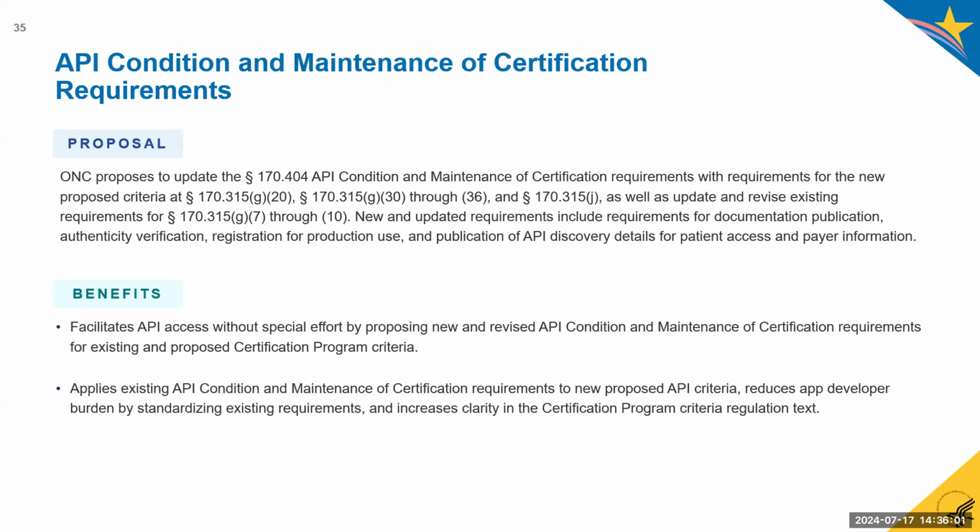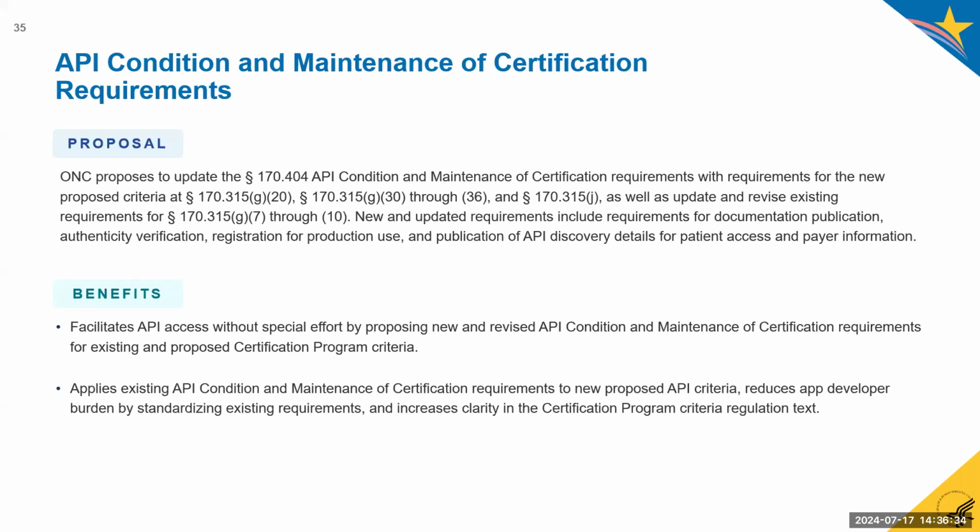The second bucket of proposals really extend and enhance many of the transparency and pro-competitive requirements to other API criteria, such as the public health API criterion and the payer, provider, and patient APIs that Alex just covered in G30 through 36. We think that a lot of the important activities that have been applied to G10 that make access to technical documentation and other pro-competitive aspects of the conditions and maintenance of certification requirements ought to apply to these other certification criteria.